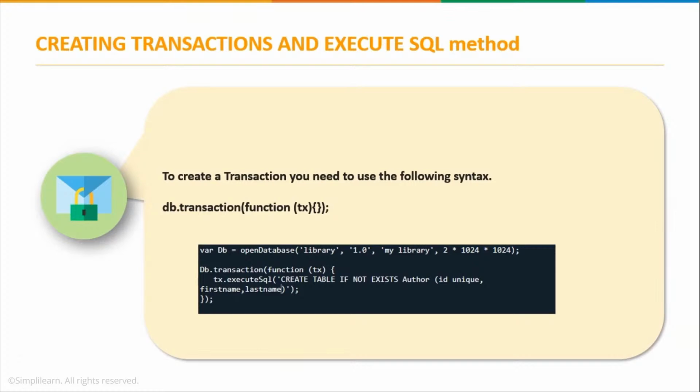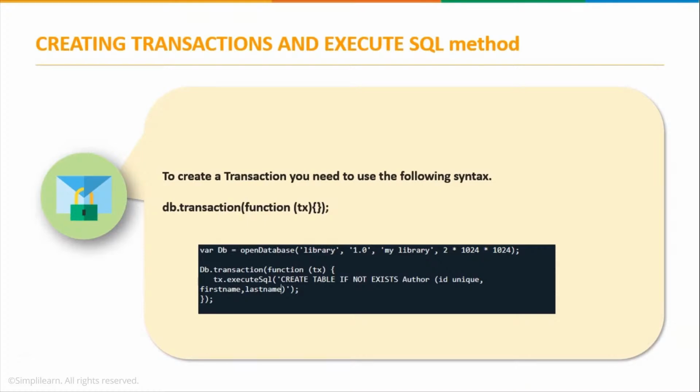In the transaction callback, I have an attribute tx that, as we've discussed earlier, is a transaction object. I'll use the execute SQL method of this object to create a new table, that is author. I'm using this execute SQL method to create a table author which has ID, first name, last name as different columns.